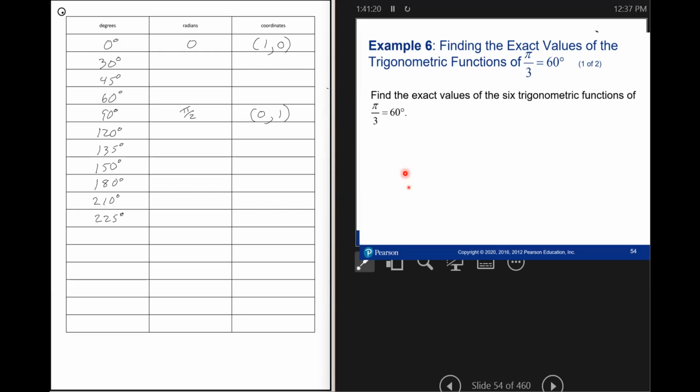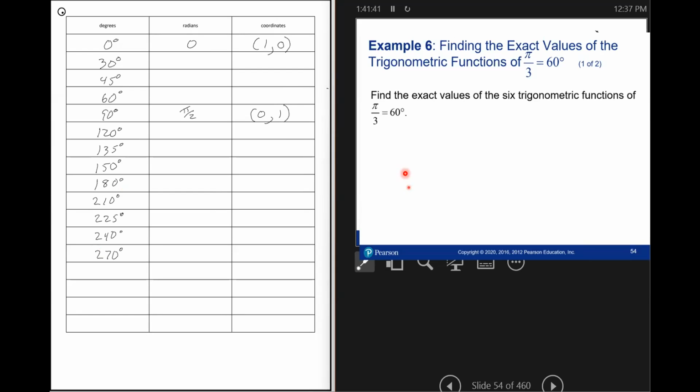Knowing your first 16 perfect squares is essential for your math classes. And then 60 plus 180 is 240 degrees. And then the next quadrantal angle is 270 degrees.